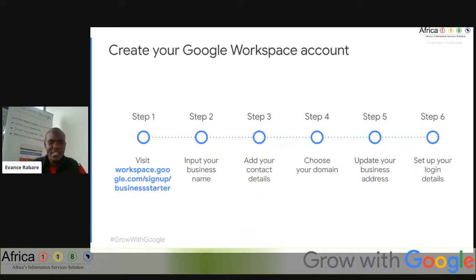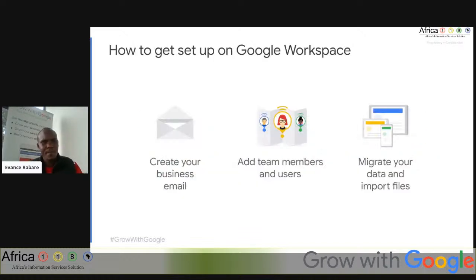So let us look at how to set up on Google Workspace. We talked about creating your business email. You don't need to add email addresses as a user account. Instead, you can create email aliases and create addresses for your business communication. So for instance, the company is called Africa 108, and we have emails such as irabare@africa108.com.